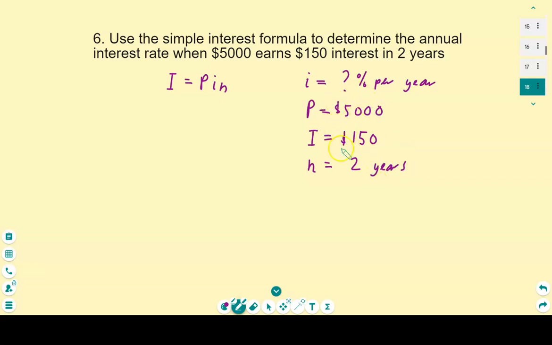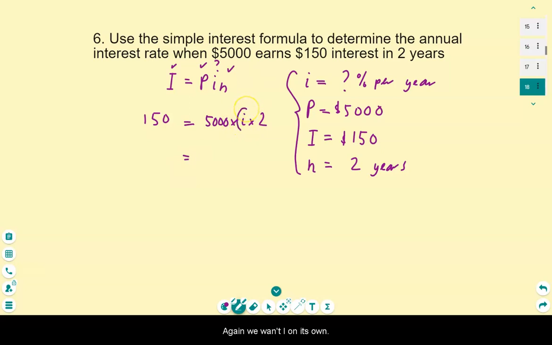Put in our little things, and I've written the formula, and this formula links all the variables. We've got a capital I, we've got a P, we want to find that, and we've got our N. So let's chuck it in. 5,000 times I, well, we don't know I, times N, which is 2, capital I is 150.